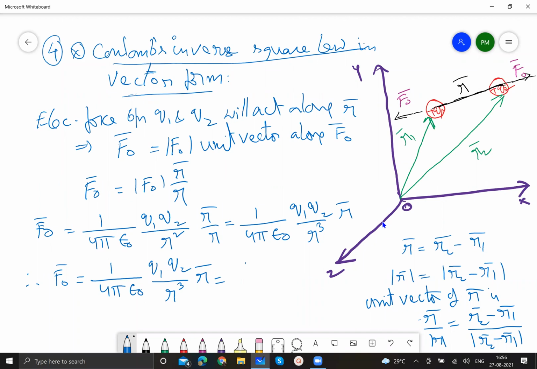It can also be written as 1 by 4 pi epsilon 0. I will write another line. Okay, please copy this first.